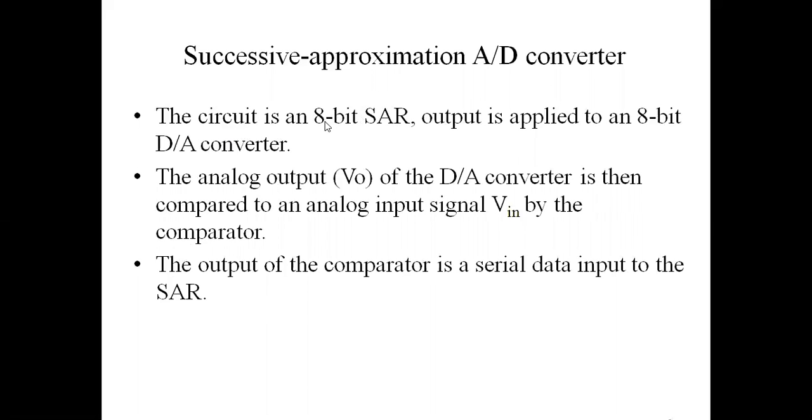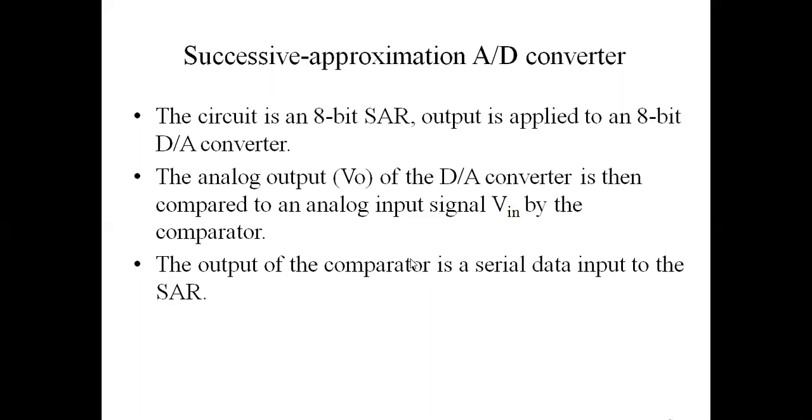The circuit we have chosen has an 8-bit successive approximation register, and its output is applied to an 8-bit digital to analog converter. The analog output V0 of the D to A converter is then compared to the analog input signal Vin by the comparator.